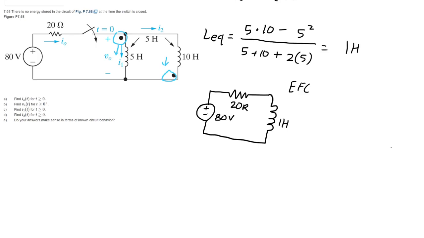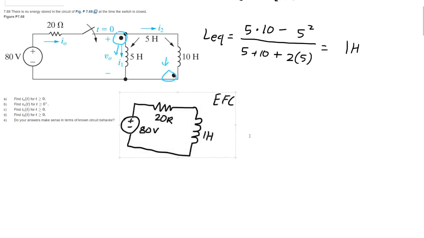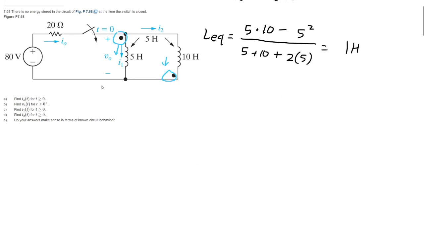Actually, let me move this over a little bit. I want to make sure that all of this is relatively clean, so I'll just redraw it. Okay, I'll go ahead and label it too.